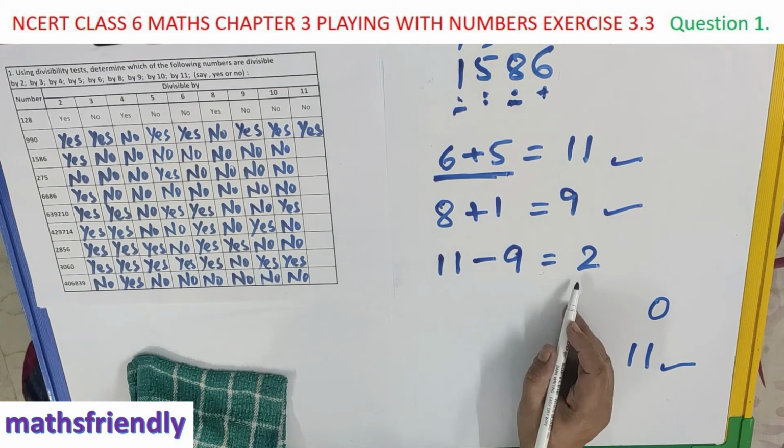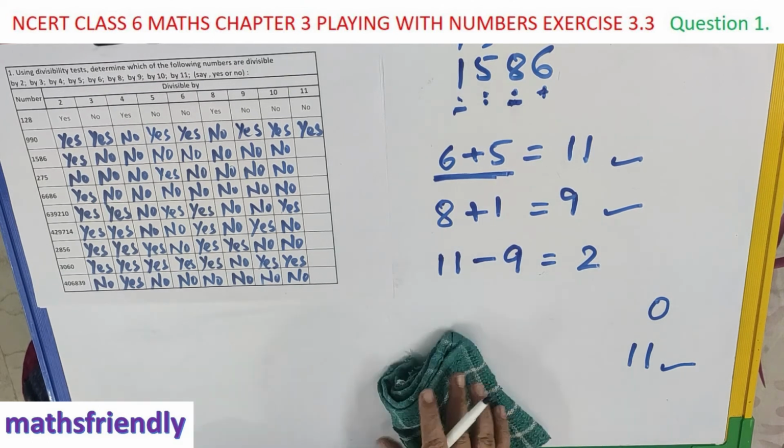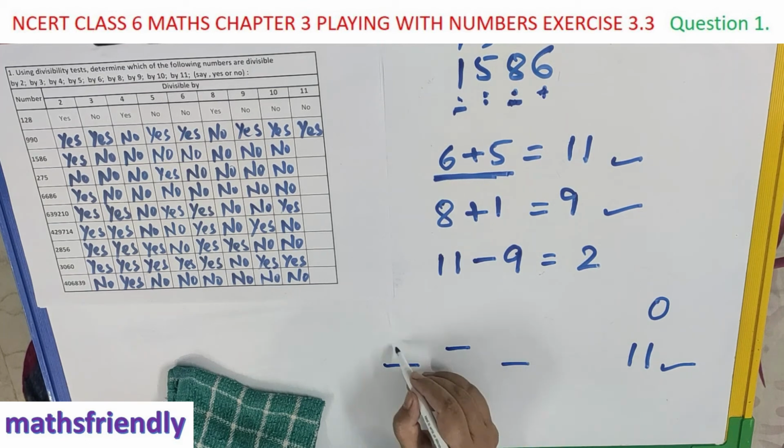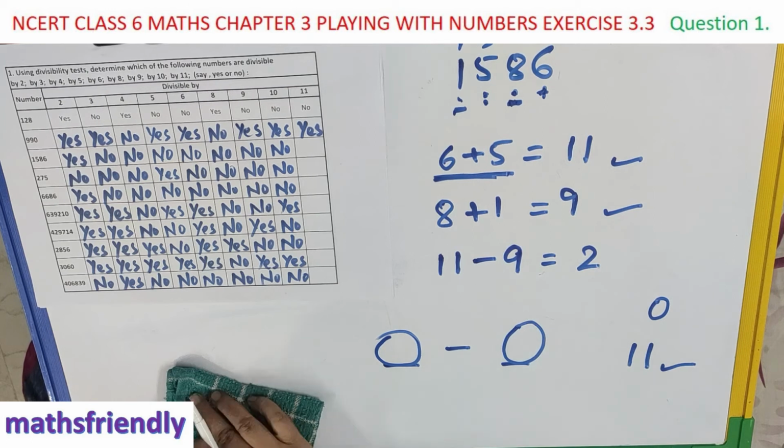Okay, but here the difference is not a multiple of 11. See, this is the sum of the digits at odd places and this is the sum of the digits at even places.